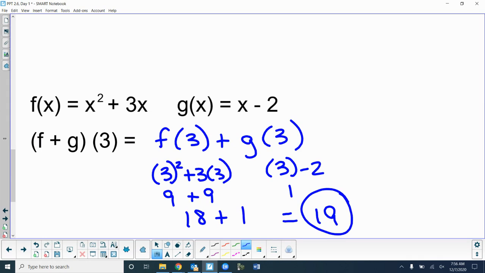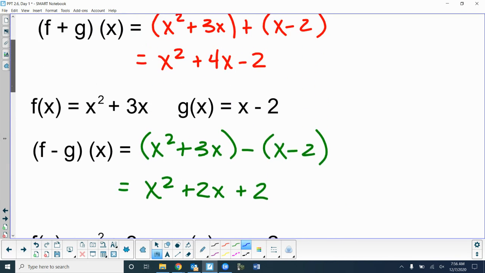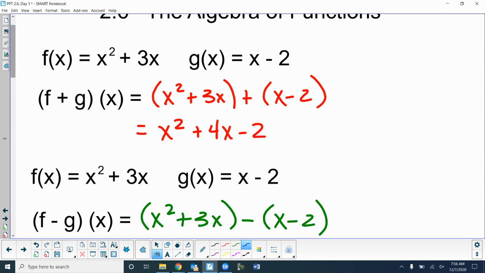So usually you guys like that better than the other way. You're just substituting into both. If you wanted to, you could do this first, like we did. We already did that one, right? You could do this first, and then plug the 3 in. 3 squared is 9, and 4 times 3 is 12. 9 plus 12 is 21, minus 2 would be the same answer, 19, right?